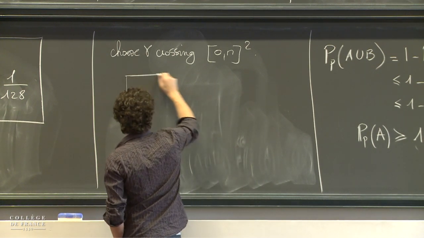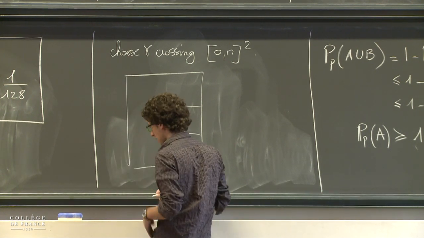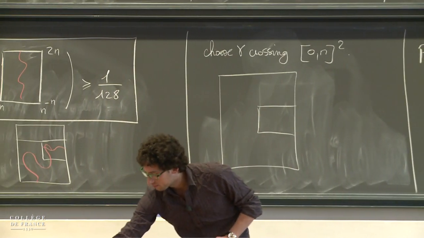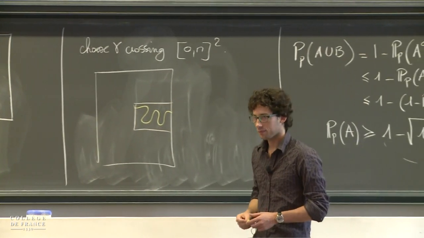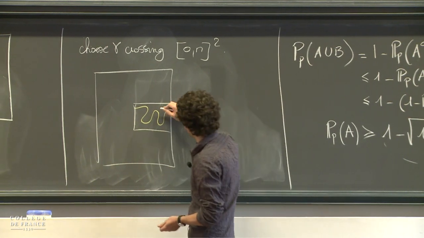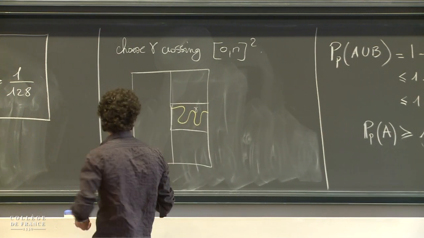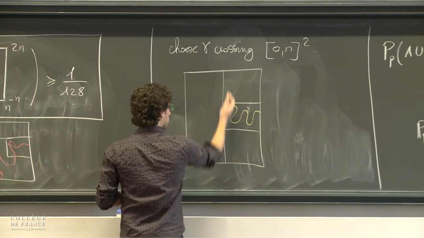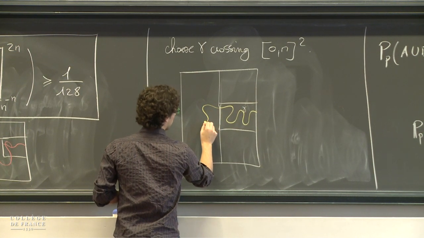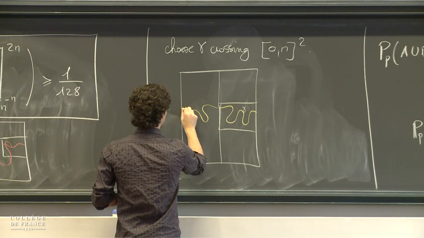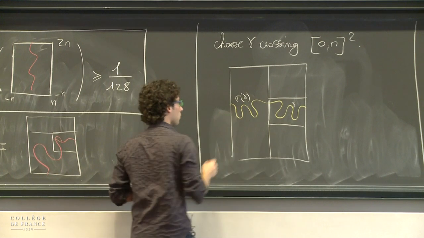So I have this box [0,n] squared, and let's choose a deterministic path crossing like that. This is gamma. I can define the reflection of gamma with respect to this line. I'm extremely bad at this. OK, something like that. This is a reflection sigma of gamma of the path gamma.